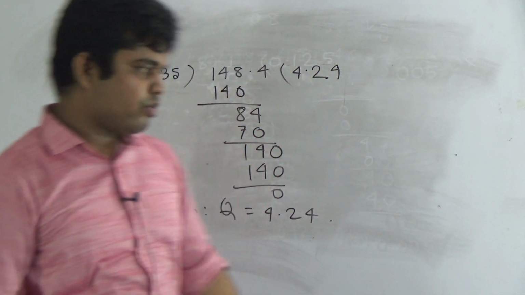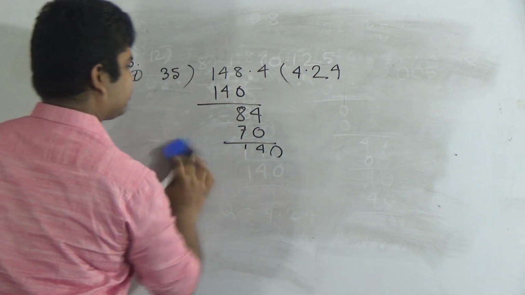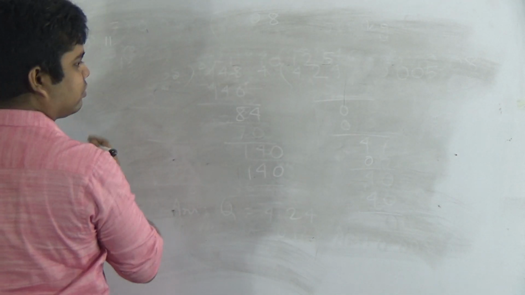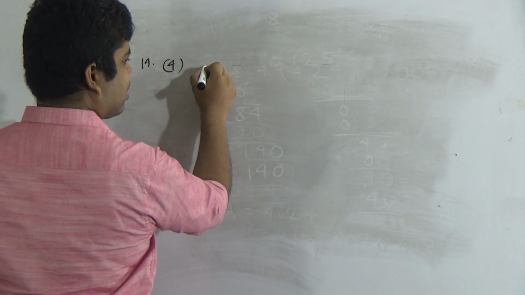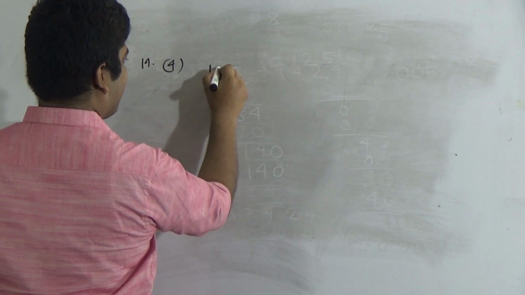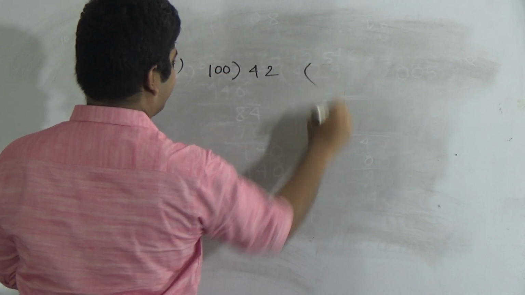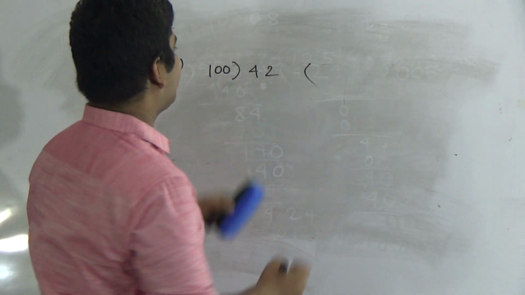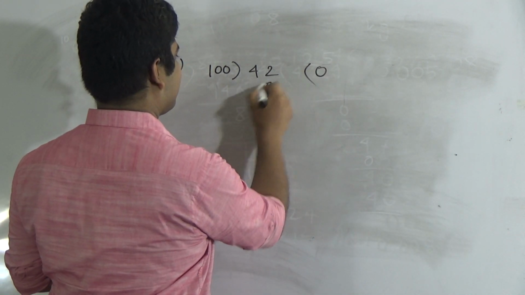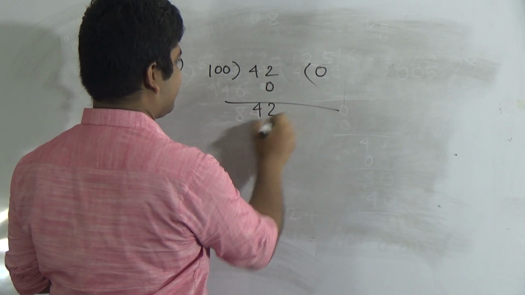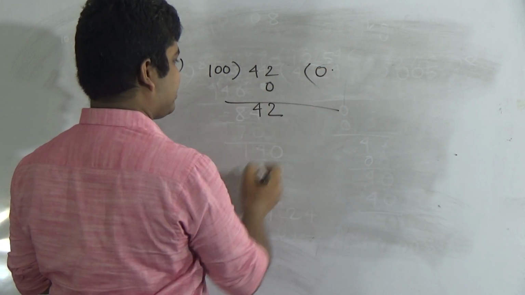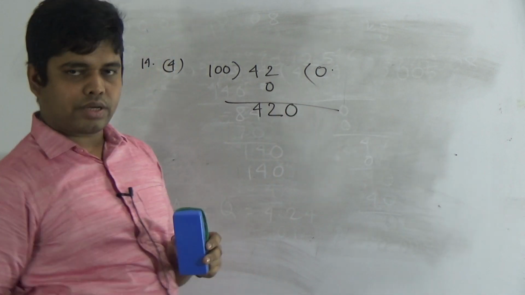42 divided by 100. In 42, 100 goes in 0 times. Okay, then we subtract and we get 42. And for this point, I write 0 here.